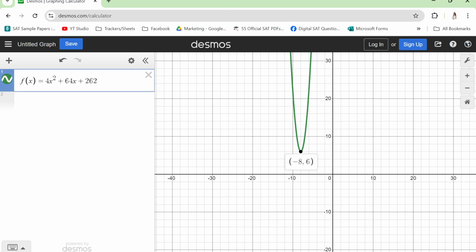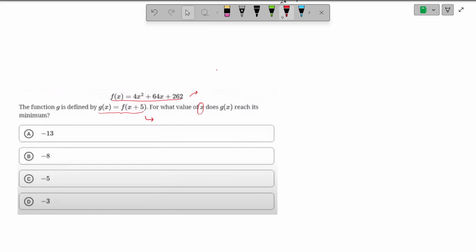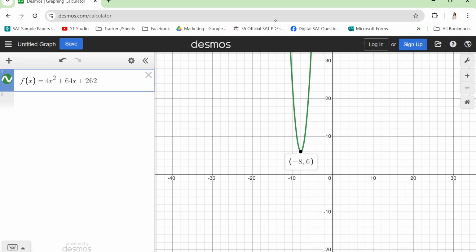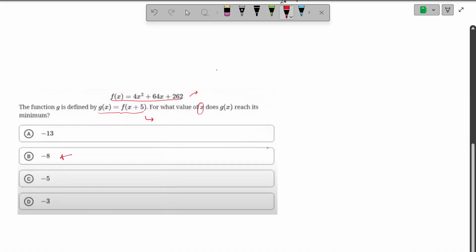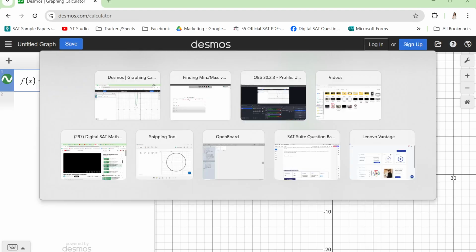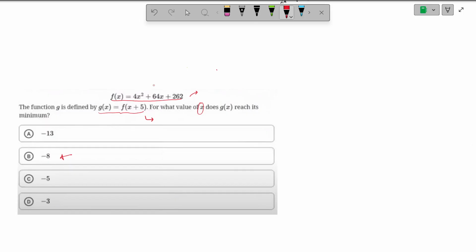Now you don't want the vertex of this graph. They have also given you negative 8 as one of the options, but if you select negative 8, that will be wrong, because negative 8 is the x value for this function. Now you have to find the x value of the vertex of g of x.